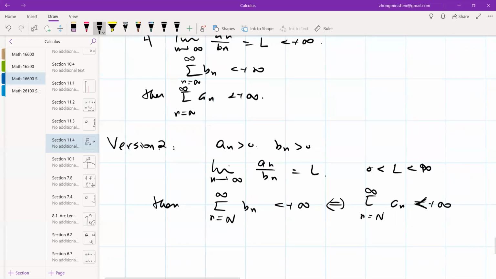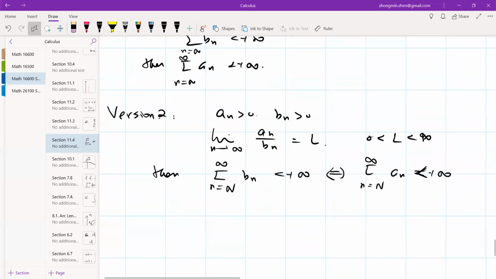But the converse is also true because you can turn this upside down, and then the limit of b_n over a_n is going to be 1 over L, because L is positive. So that's why if a_n converges, it implies b_n converges.